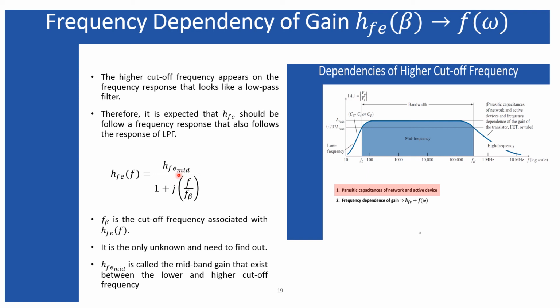But right now I should consider the entire expression of this HFE, which depends upon the frequency, and due to the frequency dependency of this HFE, there should be a cutoff frequency, and that cutoff frequency is denoted as f beta. For this configuration, we just need to know what is f beta.